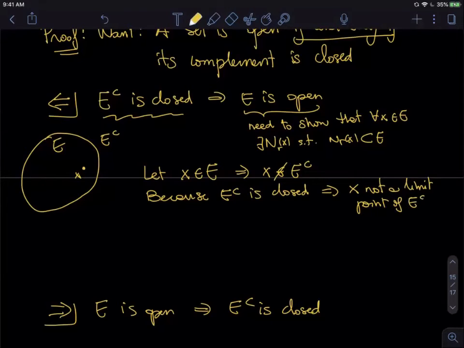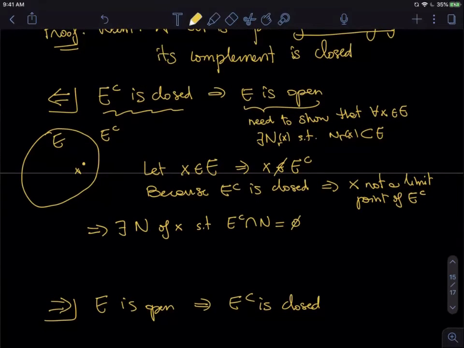of E^C. Okay. So if X is not a limit point of E^C, that means that there exists a neighborhood N of X such that the intersection between N and the complement of E is empty. Okay, what do we mean by this?